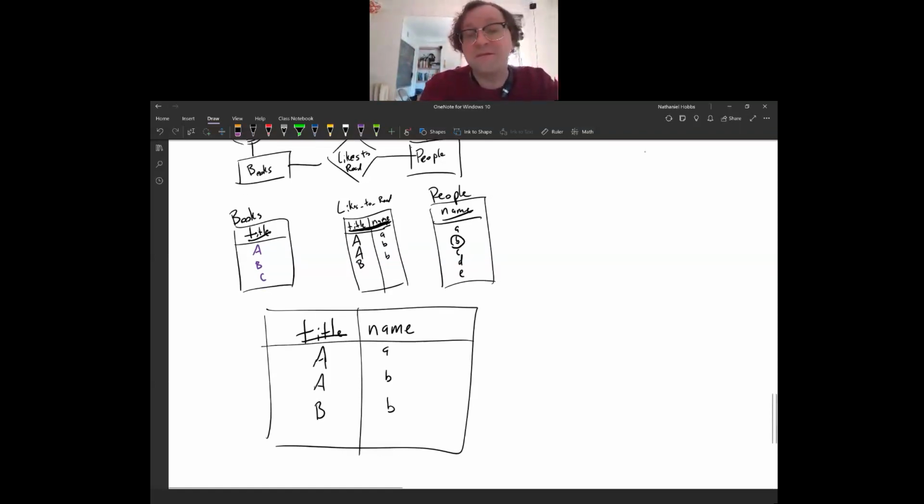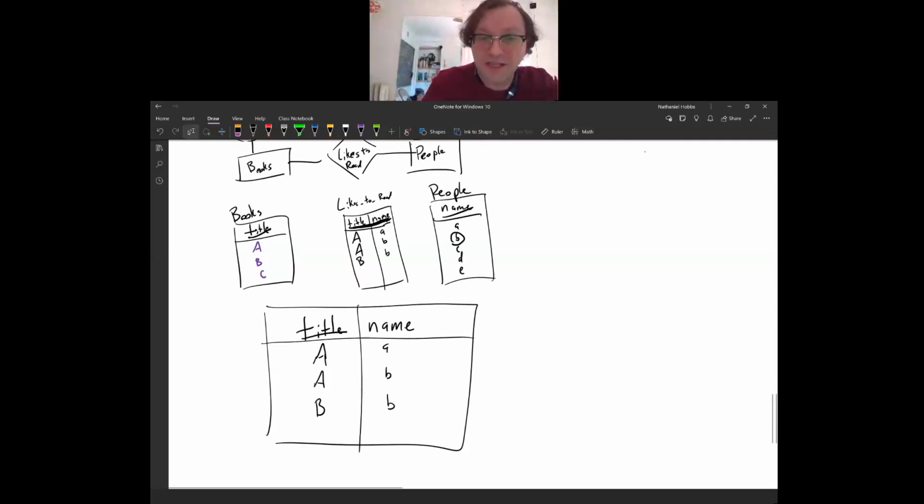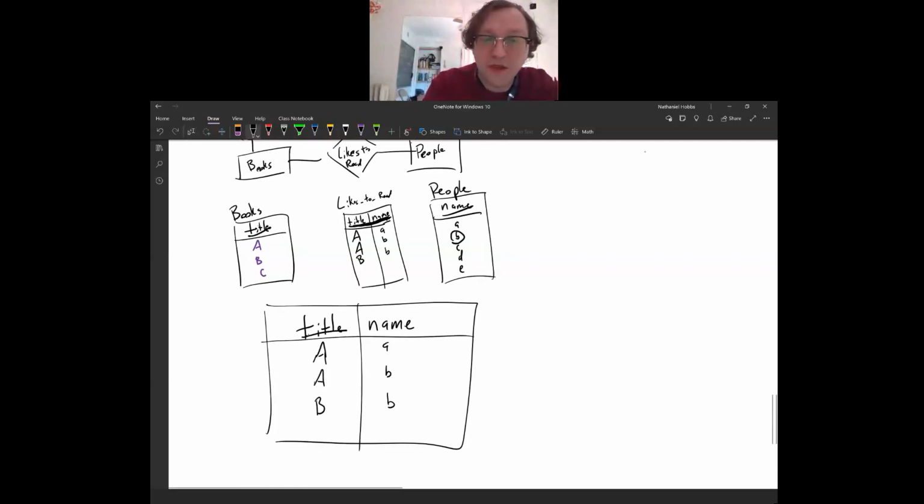So A appearing twice would not be allowed if the title were the only key. So that can't be the only key. Similarly, name can't be the only key because we want one person to like to read many books.